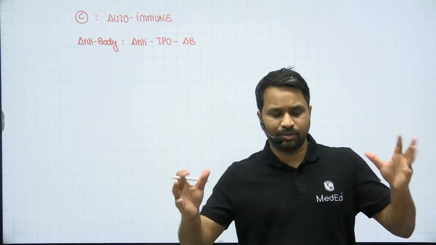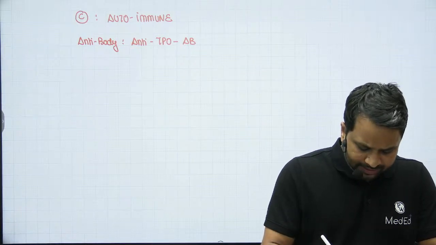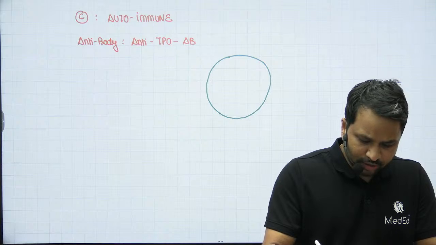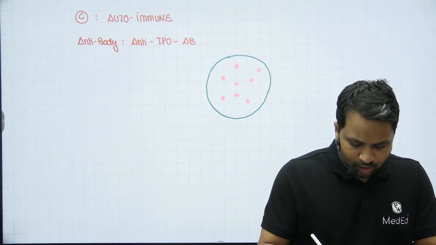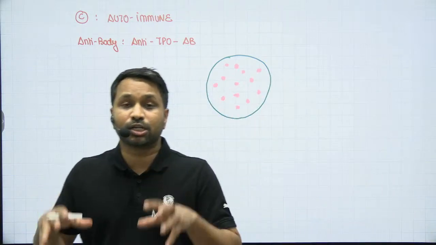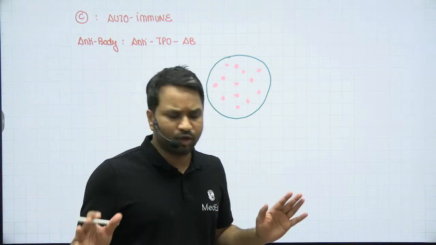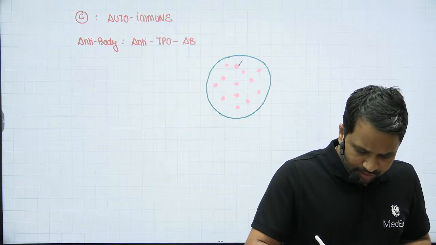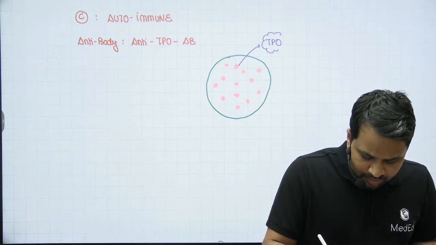So what is the whole story behind this? Let's say this is the thyroid follicle. Within the thyroid follicle you have enzymes called thyroperoxidase enzymes, which are responsible for every reaction in the thyroid follicle for synthesis of T3 and T4, which we have already understood. So this that you have depicted here is your thyroperoxidase enzyme, the TPO.